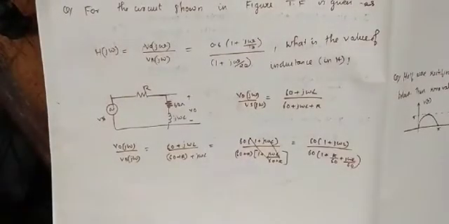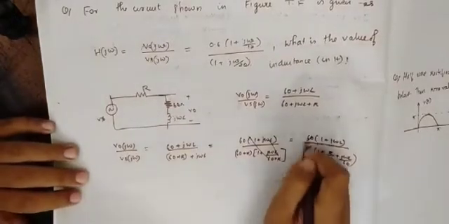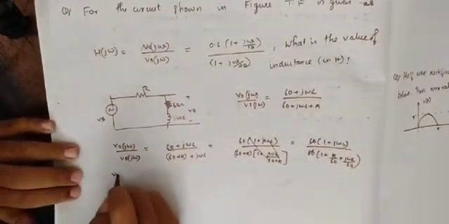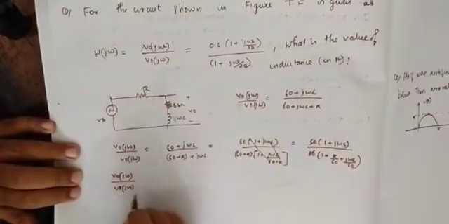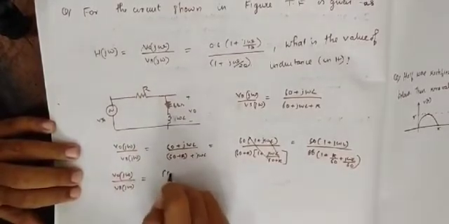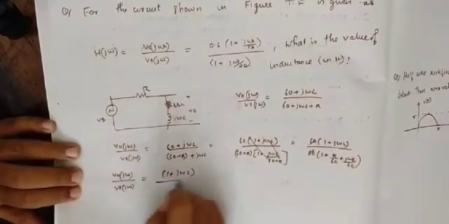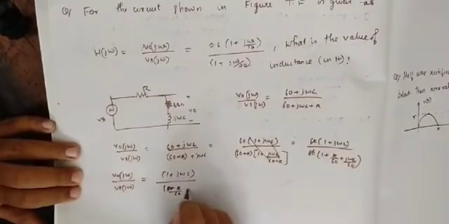So 60 into 60 cancel. What will be remaining is V0 of j omega over Vs of j omega equal to 1 plus j omega L divided by 60 over 60 plus R divided by 60 plus j omega L divided by 60.